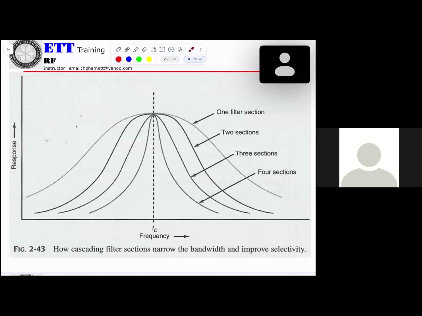The difference is that active filters use the op amp and need a power supply. Passive filters use RCL only and don't need a power supply. They work the same thing.